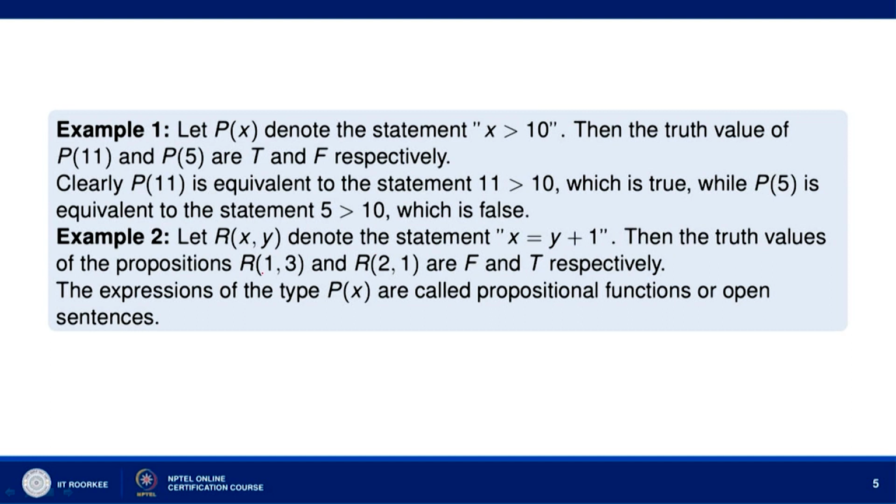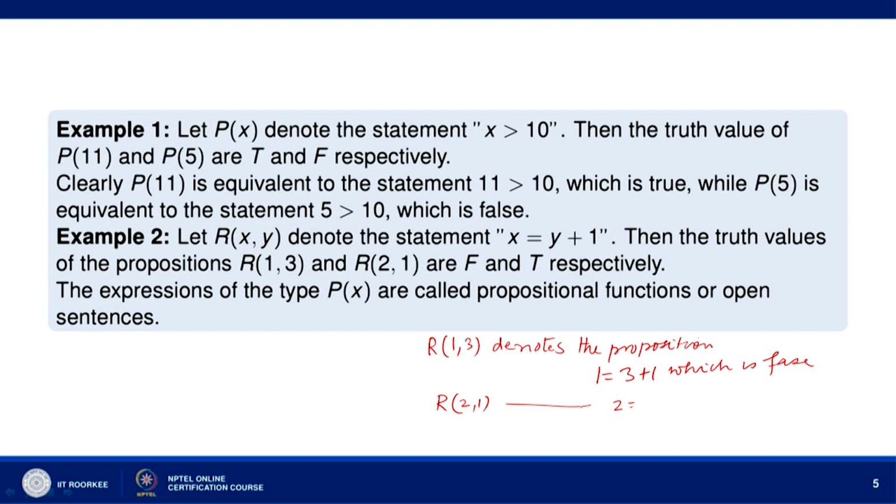Then the truth values of the propositions r(1, 3) and r(2, 1) are F and T respectively, because r(1, 3) denotes the proposition 1 equal to 3 plus 1, which is false, while r(2, 1) denotes the proposition 2 equal to 1 plus 1, which is true.